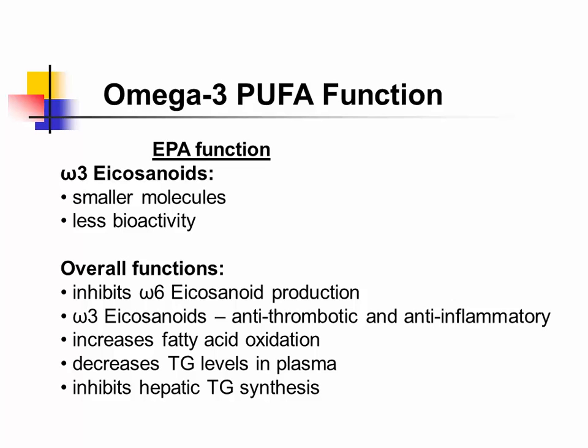So omega-3 eicosanoids usually have an anti-inflammatory effect and can increase fatty acid oxidation and decrease triglyceride levels in the plasma, and it also can inhibit the triglyceride synthesis in the liver, right? It's just summarizing the research findings related to the omega-3 fatty acid effect, and the mechanism is still not very clear.